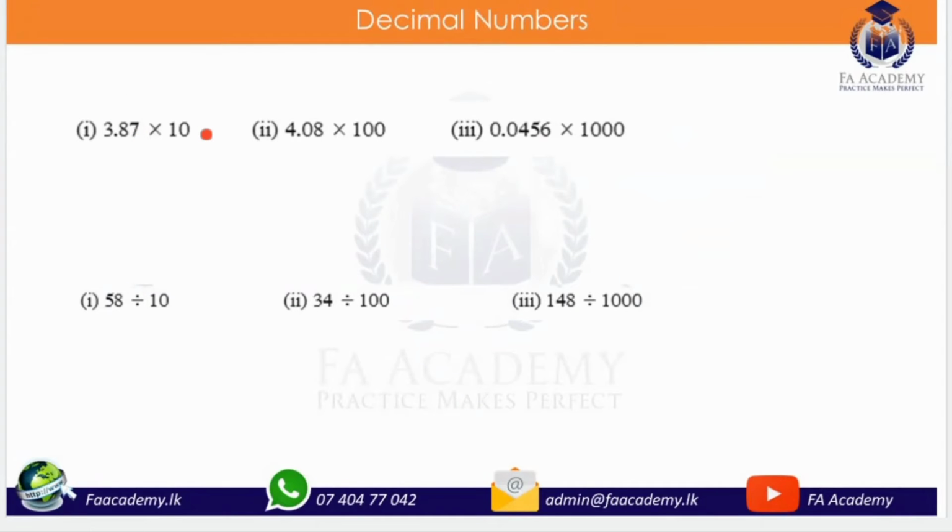Okay, so here you can see they're asking you to multiply by 10, 100, 1000. So you're using the powers of 10 to multiply those numbers, right? So when a division came before, we just moved the decimal point backwards.